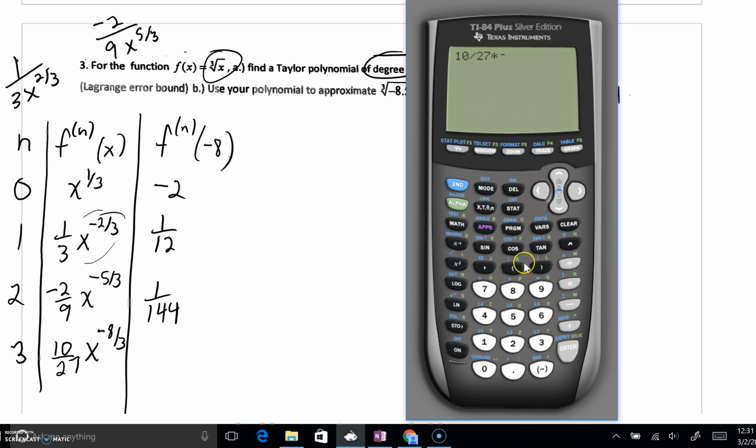Probably want to put that in parentheses, -8, raised to the -8/3 power. Of course, you're going to get some decimal right there, but if you work that out, you'd get 5/3,456. So you could have worked that out by hand just as well.